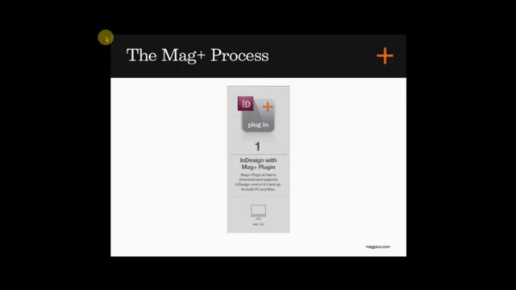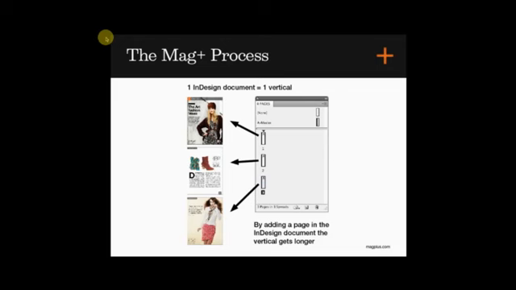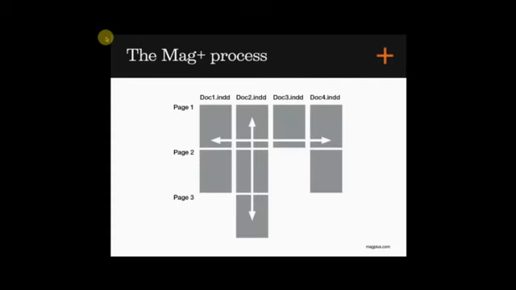As I said, with the InDesign plugin, this is where you create all your verticals. Just to make it clear, this is what we mean when we talk about verticals. One InDesign document represents one vertical. This means that you will have one InDesign document for each vertical. So in the end, you will have something looking like this.